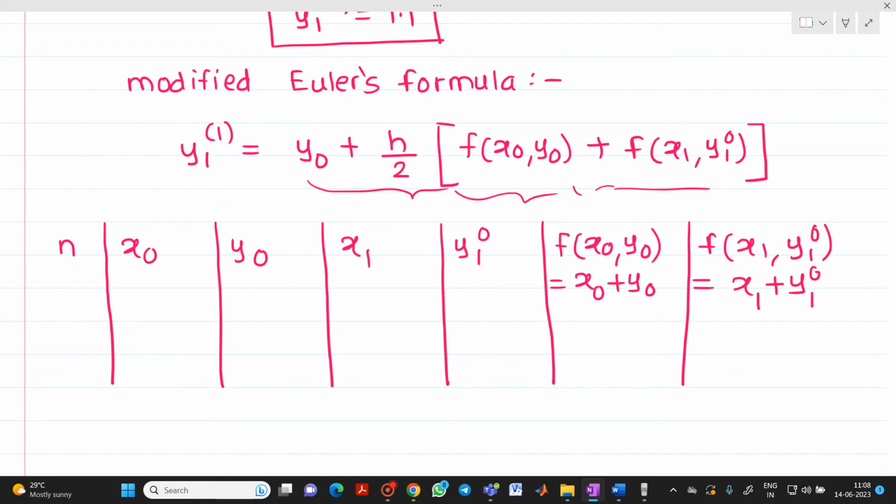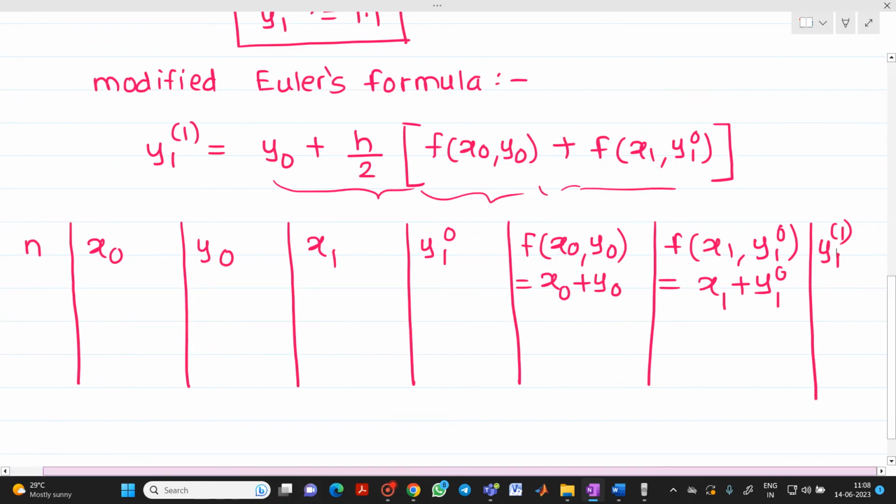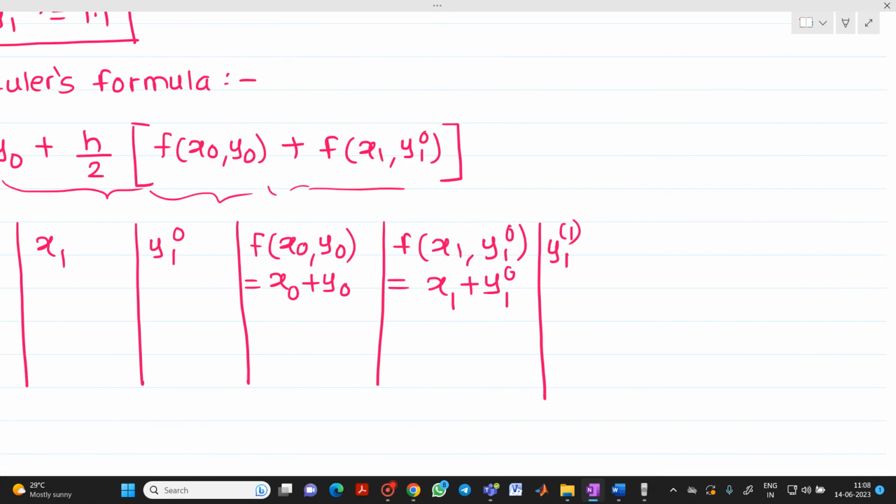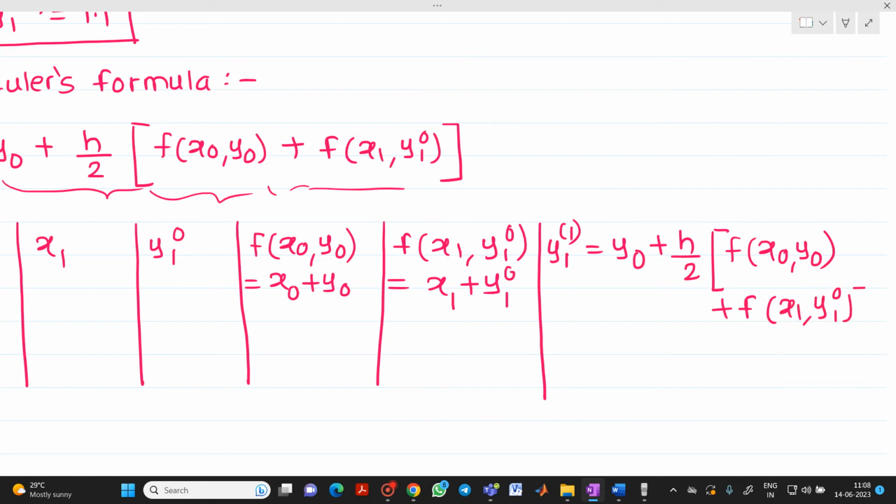Then next will be your end formula of y1(1). So what is the end formula of y1(1)? Let me write it here completely so that you will be able to understand, which will be equal to y0 plus h by 2 into bracket f(x0, y0) plus f(x1, y1(0)).